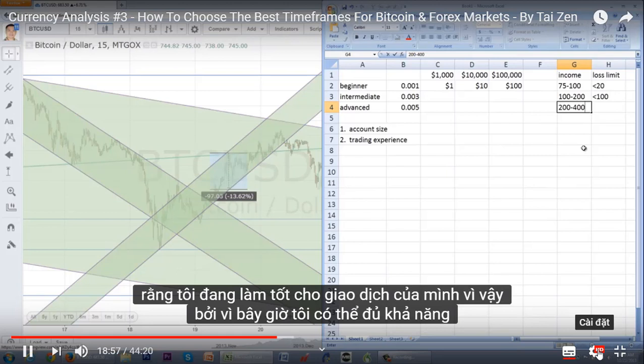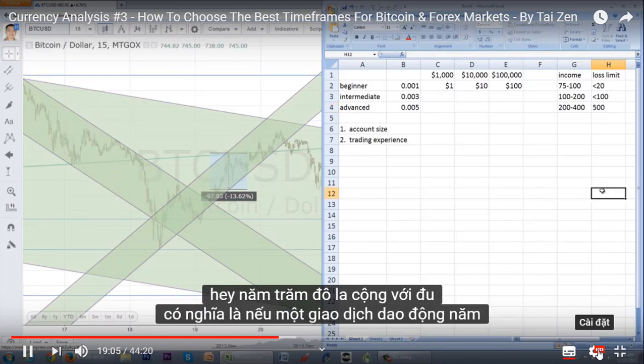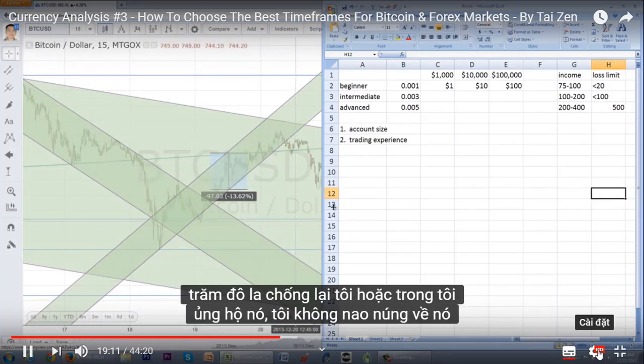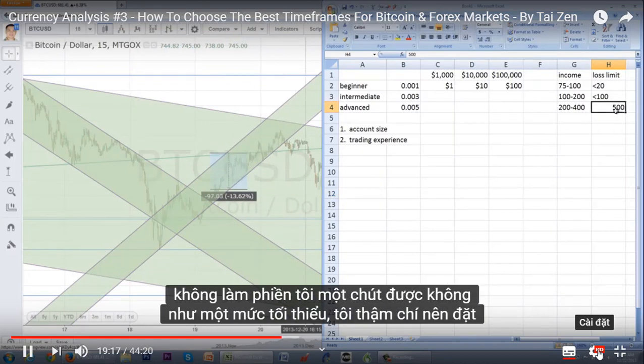So because of that, now I can afford a $500 plus swing, meaning that if a trade swings $500 against me or in my favor, I don't flinch on it. It doesn't bother me one bit. That's like the minimum.